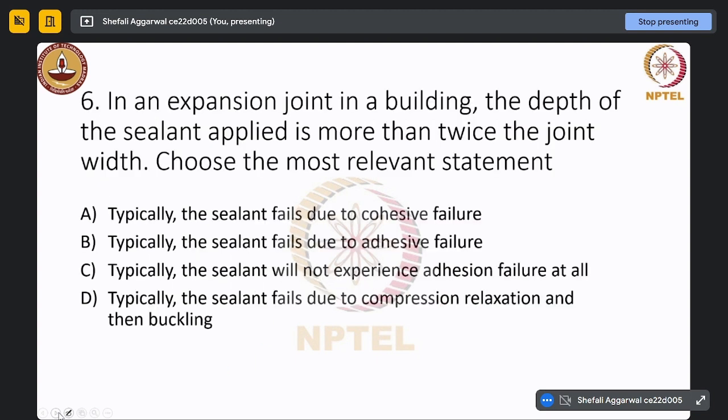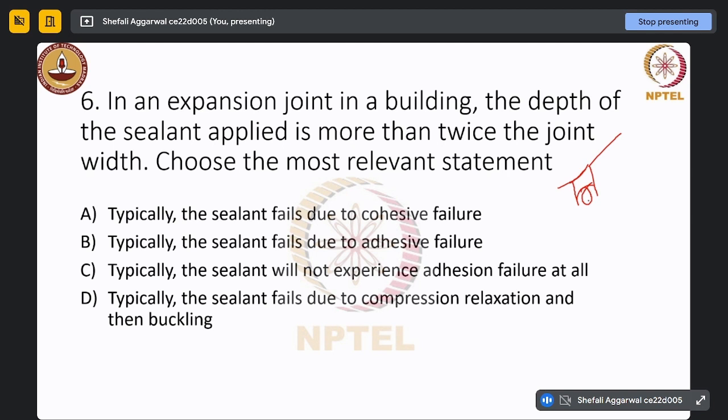Next question. In an expansion joint in a building, the depth of sealant applied is more than twice the joint width. Choose the most relevant system. If there is an expansion joint, we are applying a cylindrical backer rod, and above that, some expansion material.